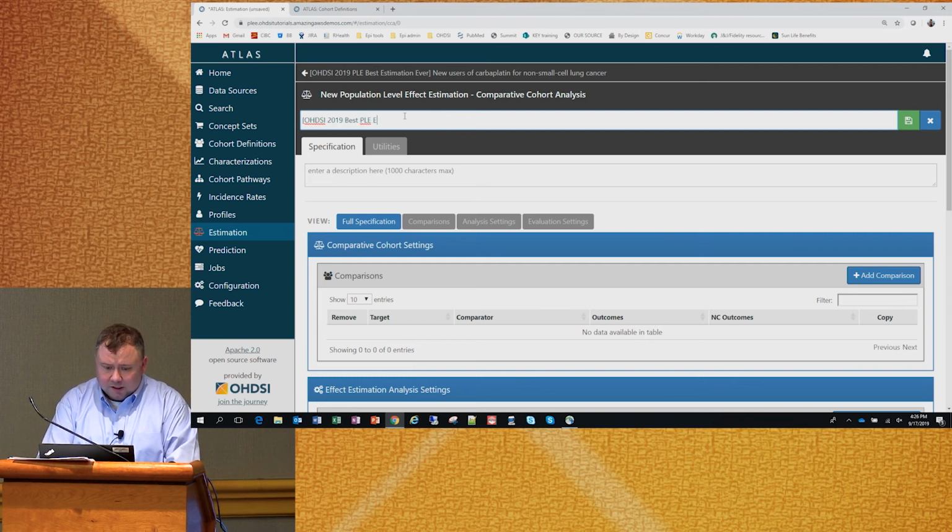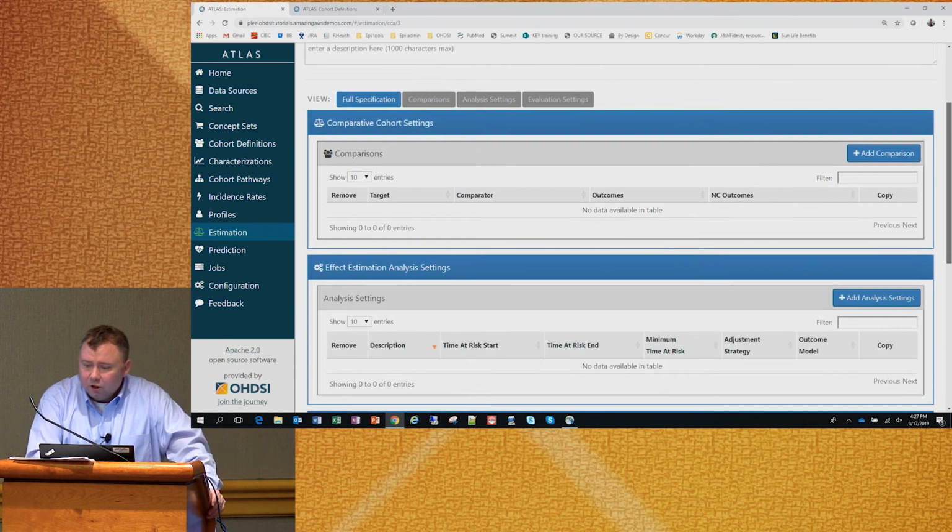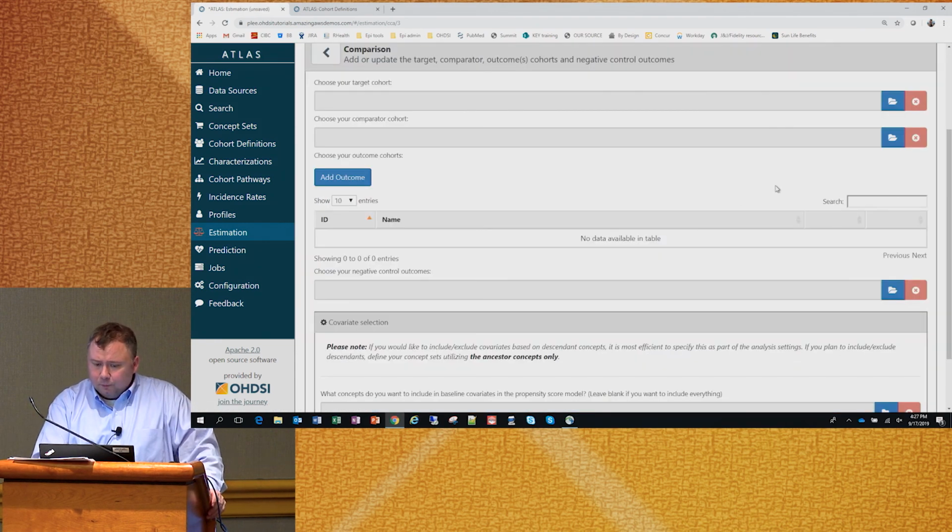OHDSI 2019, best PLE ever: comparative mortality of nivolumab versus carboplatin in non-small cell lung cancer. So the choices we have to go through: we need to actually make a comparison.